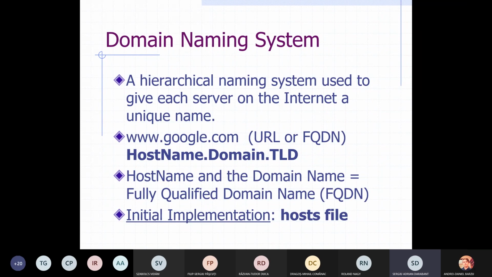So with this in mind, the naming system is hierarchical, which means it has some structure. And we start reading it from the part to the right, called the top level domain.